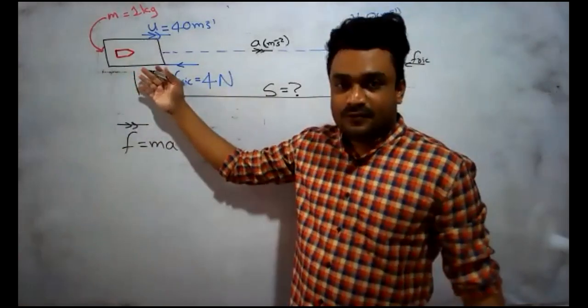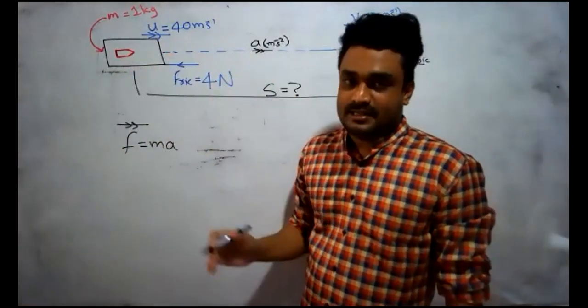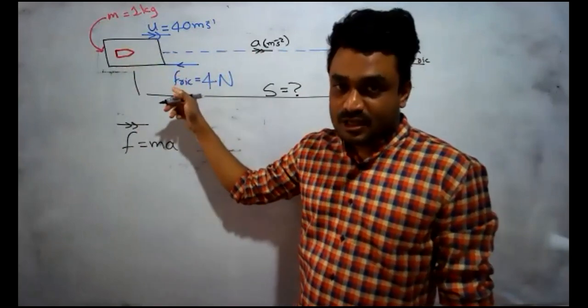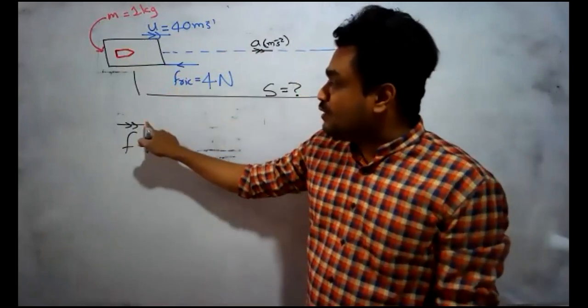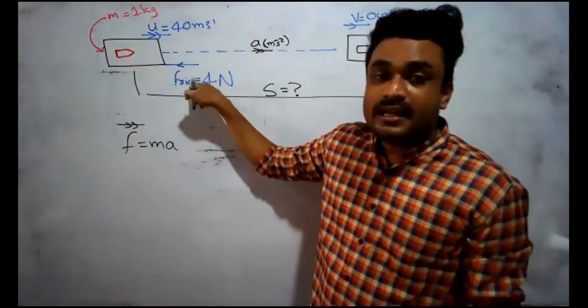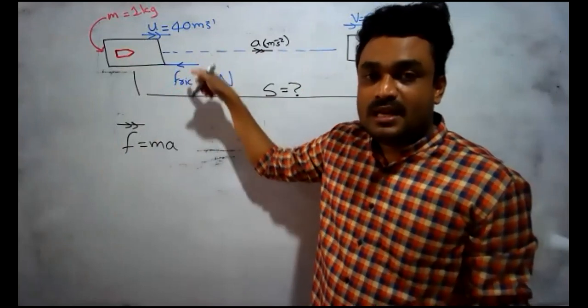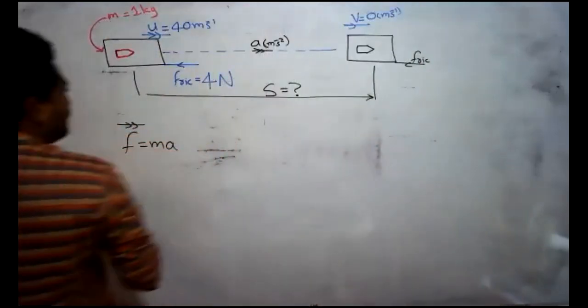I have applied F equals ma to the right hand side because the object is moving to the right hand side. But the friction force, the only force acting on the object, is acting to the left hand side. So the direction of the equation and the direction of the force are opposite. Therefore, when we deal with vectors, when the directions are opposite, we should use a minus sign.